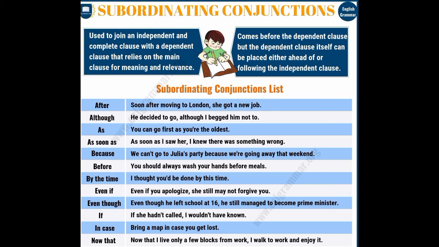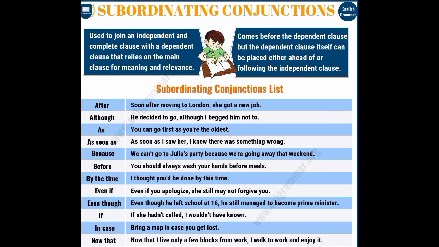So in this you can see that they are using a conjunction, that is after, and you can see how she got a job. If she would not move to London, she would not get any kind of job. So it means that moving to London is the independent clause, and getting a job, that is the dependent clause.